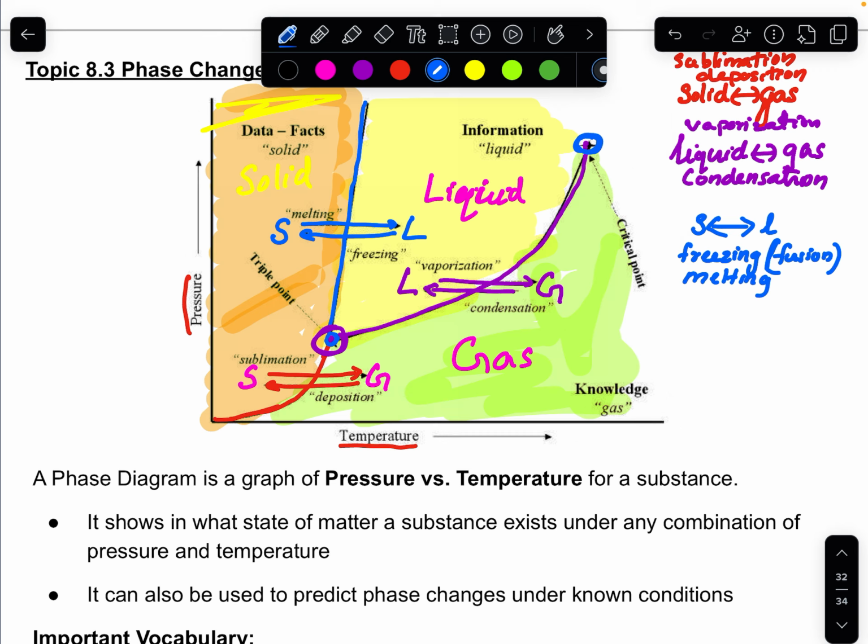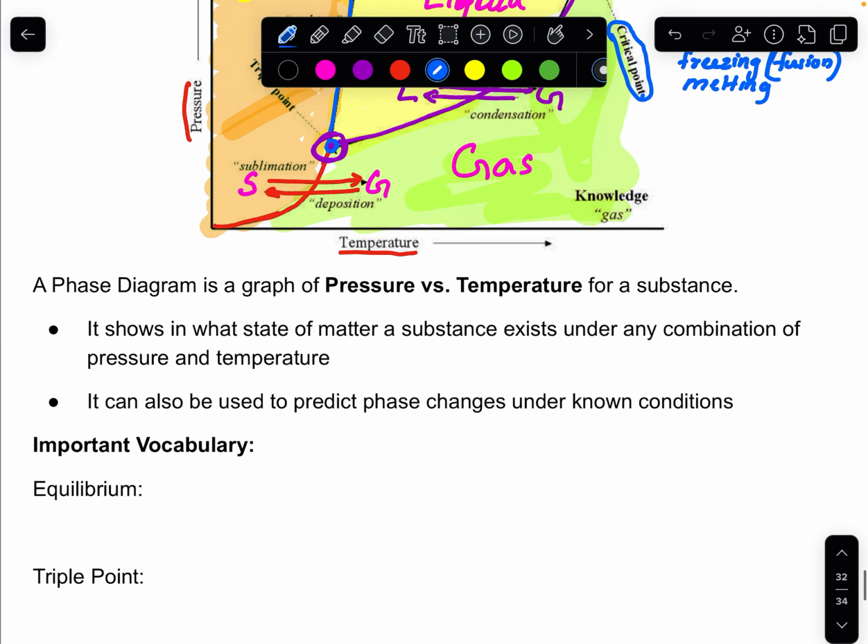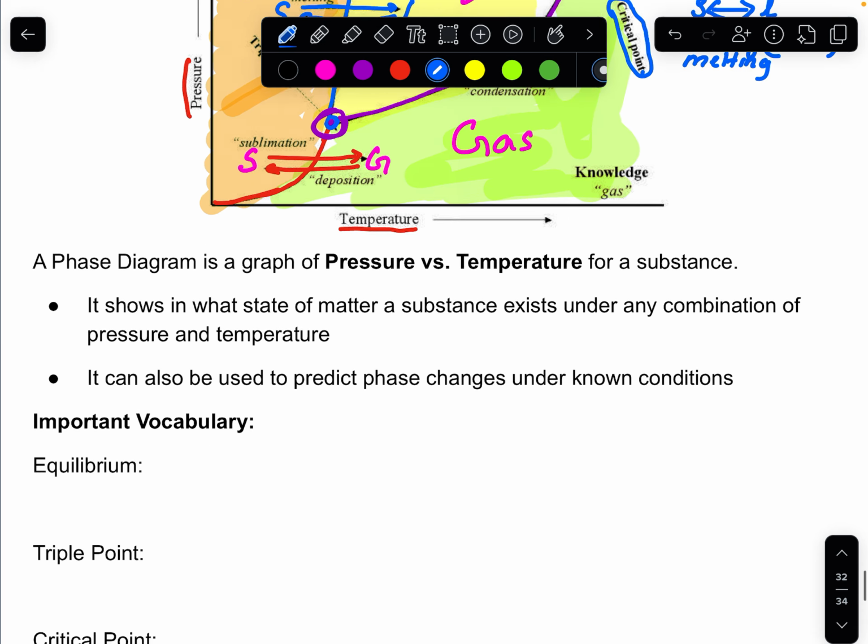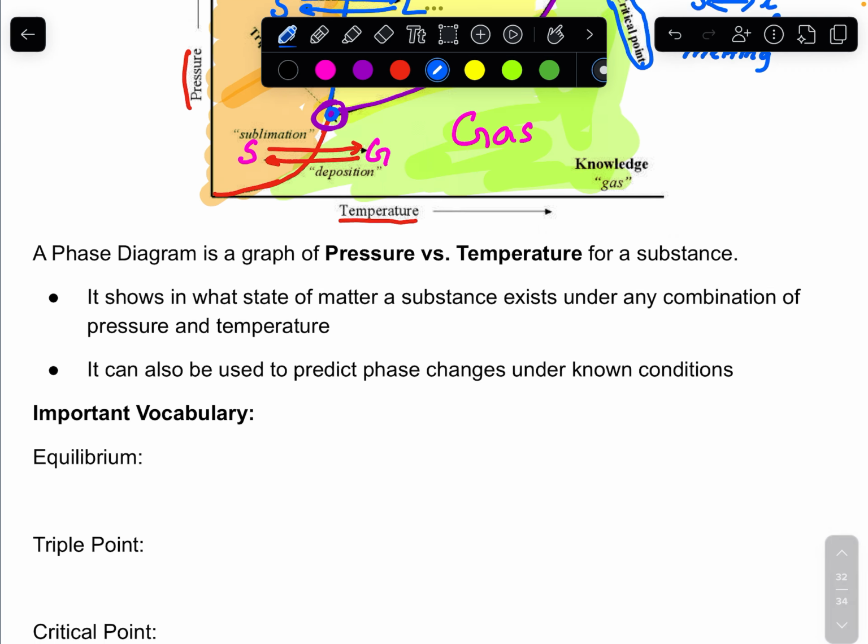We are not discussing that here because you don't need it for advanced chemistry. So that is called the critical point. The critical point is a maximum temperature and pressure. Beyond that point, the phase change will not happen.